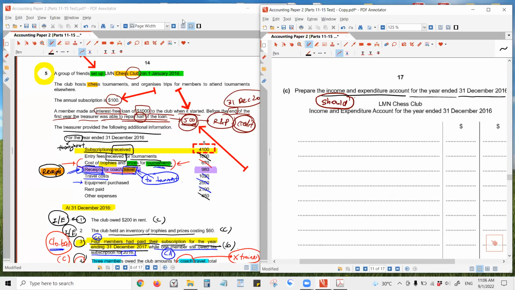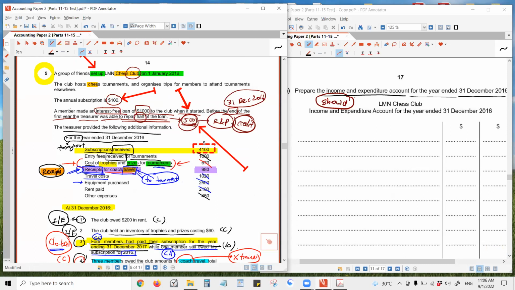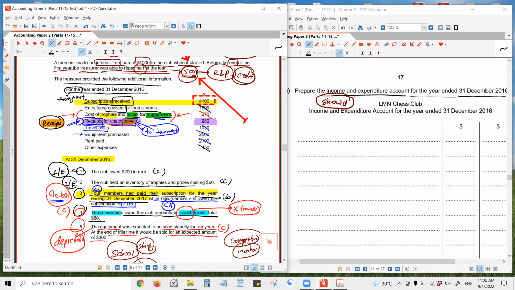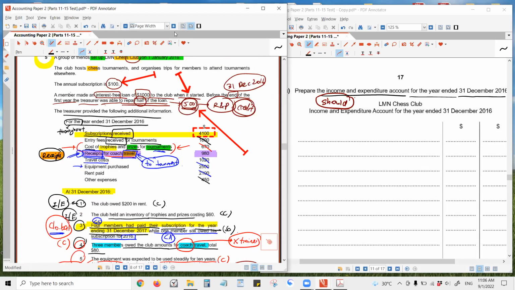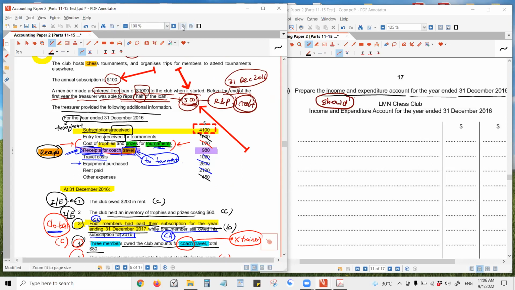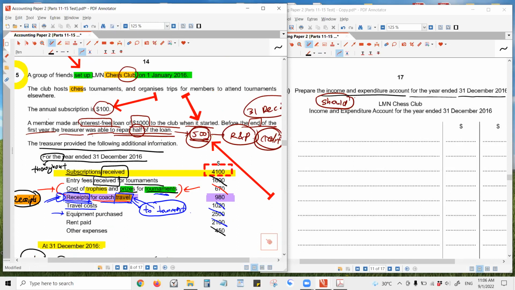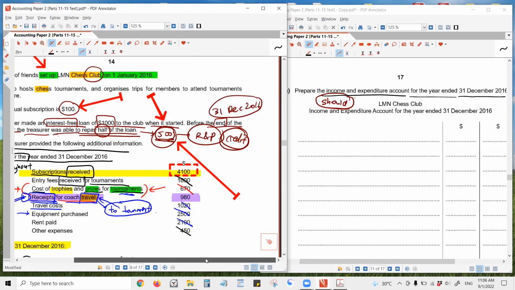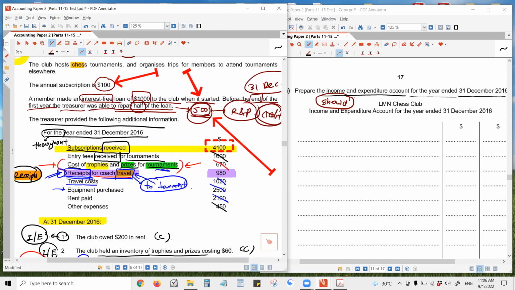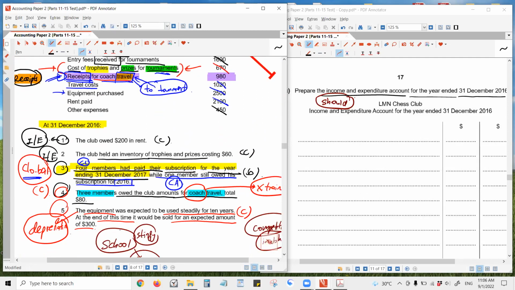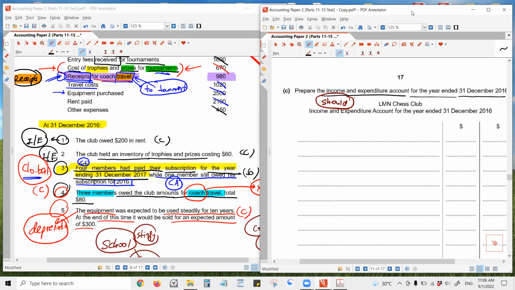But not always would you have those things. The question is on the left. If you read carefully, I don't think there is any cafe or shop in this question. So not always would you have that.